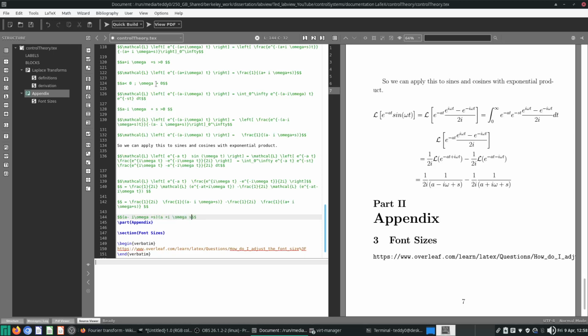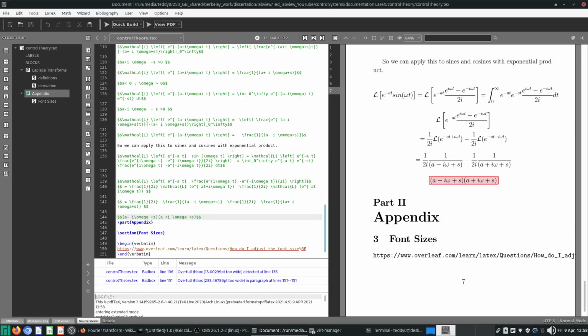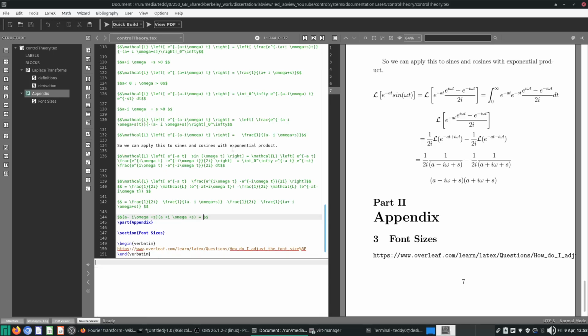I omega s. Alright, so a plus I omega is the complex number. So a plus you have s squared, so we can apply the a squared plus 2ab plus b squared formula. S squared will be in front.